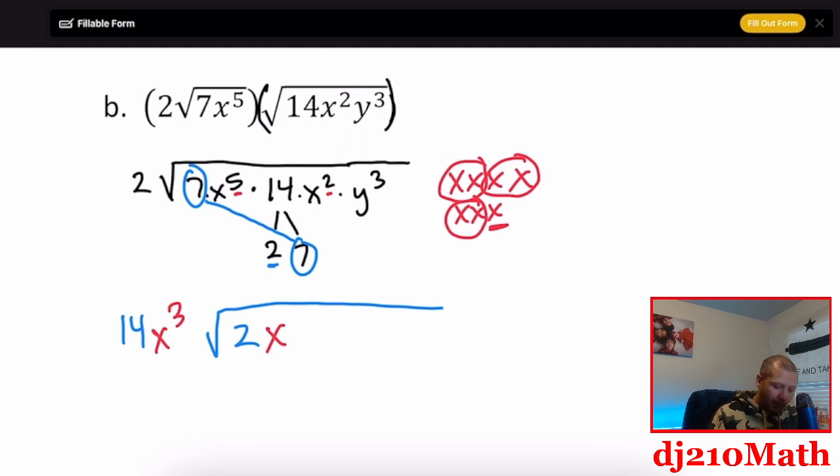The same with the Y's. Right here we have 3 Y's. So here's a pair. That's going to come out, and then a single Y left inside. That's one way of looking at it.